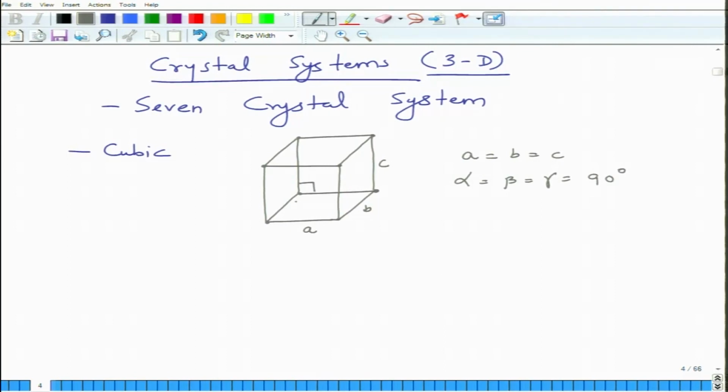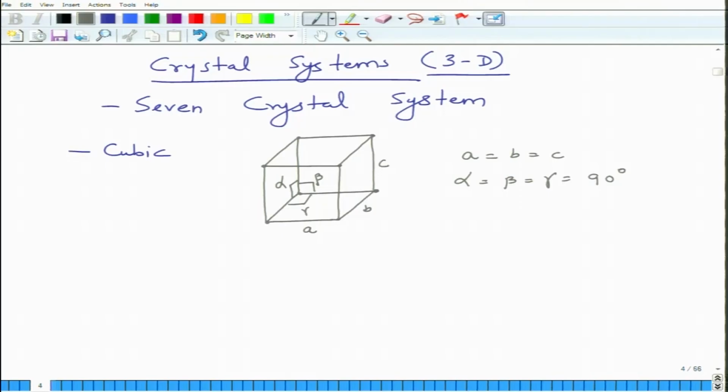All three angles are 90 degrees. Between a and b you will have gamma, between a and c you will have beta, and between b and c you will have alpha.